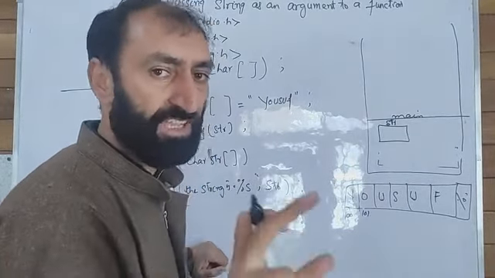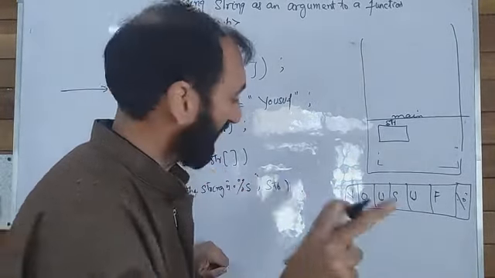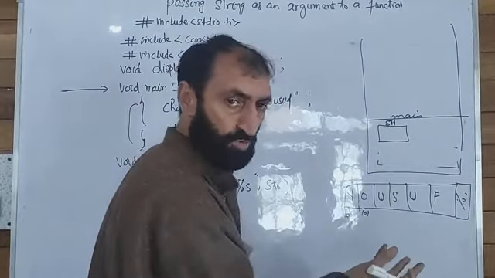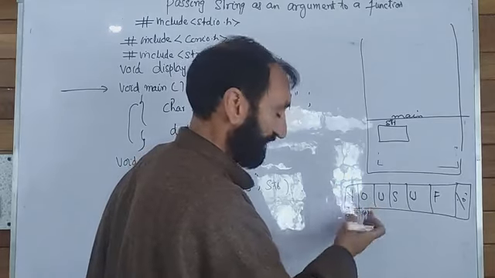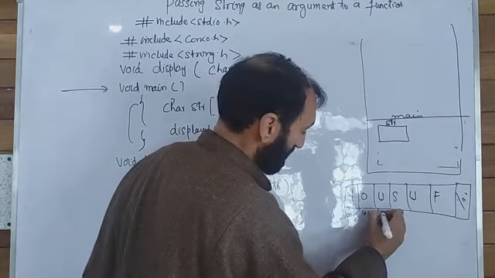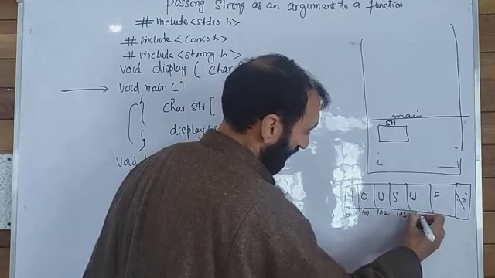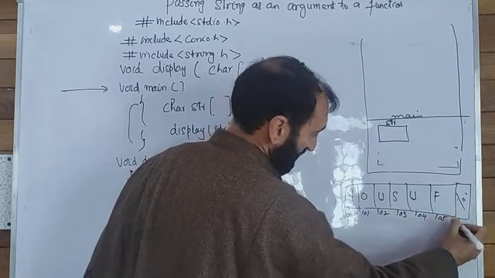So here I assume that the base address of this string is 100, then 101, 102, 103, 104, 105 and 106.